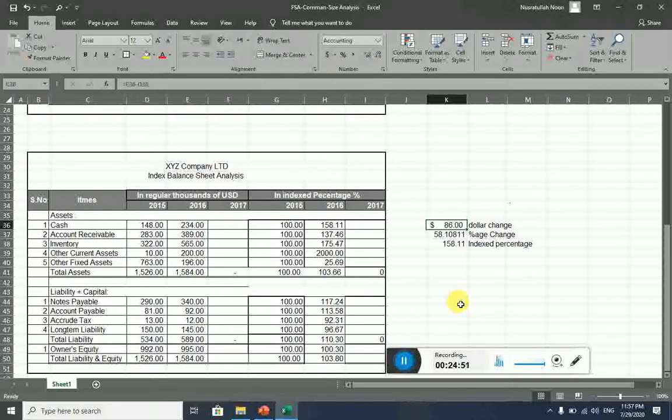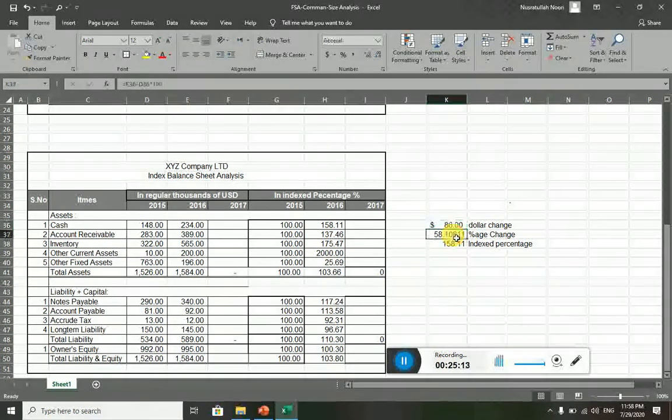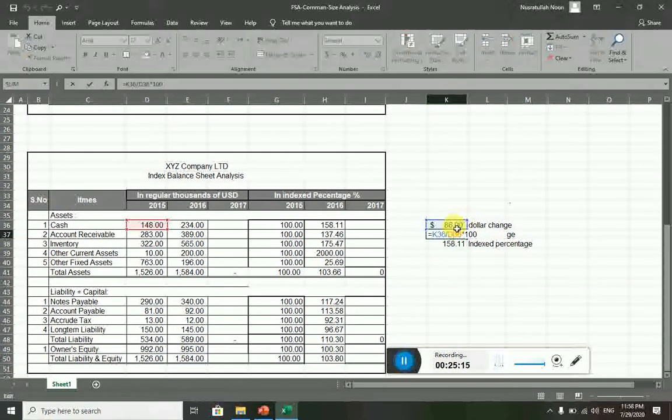Now what is this $86 in percentage as compared to 2015? If I would like to say what percent has increased as compared to 2015, how much cash has increased in 2016 in percentage. So I'll do that by dividing the dollar value on the base year figure and multiplying it with 100.